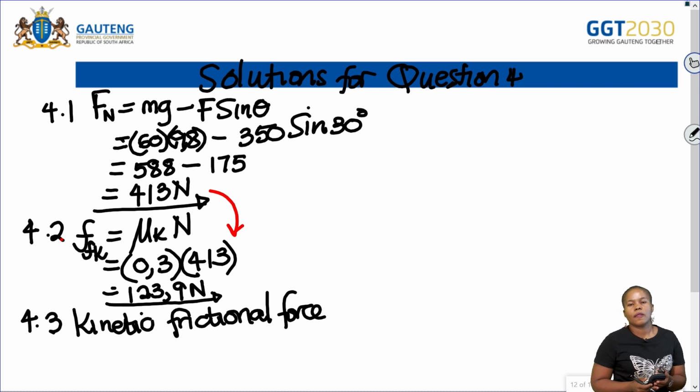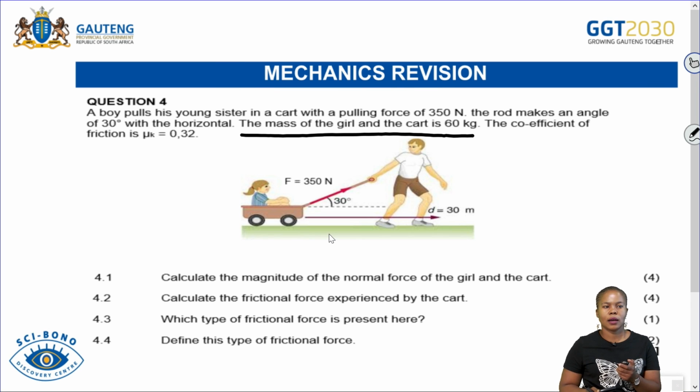And then question 4.4 is saying define this type. What type of frictional force is this?